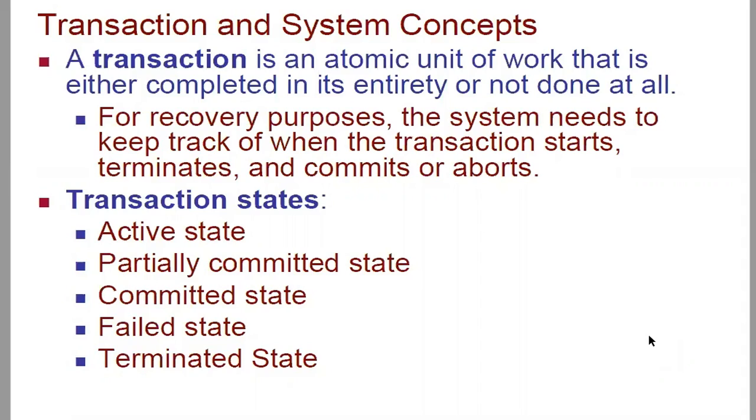Then the entire transaction should be cancelled, and instead of 4,000, the account balance should be maintained or changed back to 5,000. Okay, so that's what we're trying to say here.